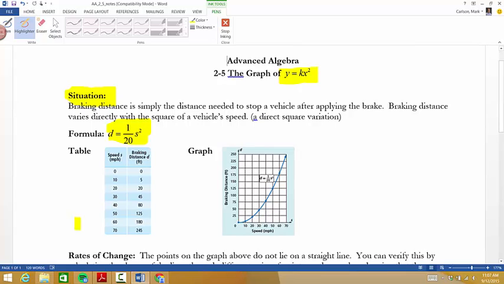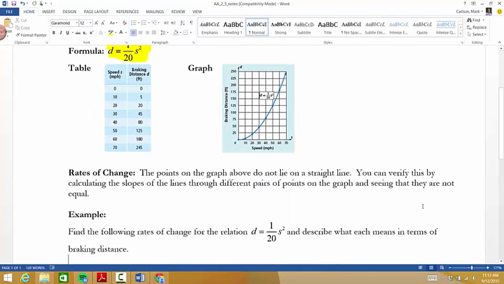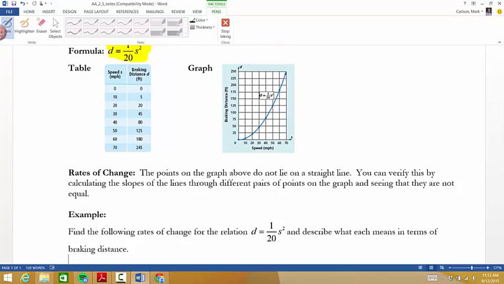When we had direct variation of the first degree, the rate of change was constant, therefore it gave us a line. Now as the rate of change changes, it's going to give us a curve. So we could take a look at this table and verify that it's going to be a curve instead of a line by looking at the concept of rate of change.